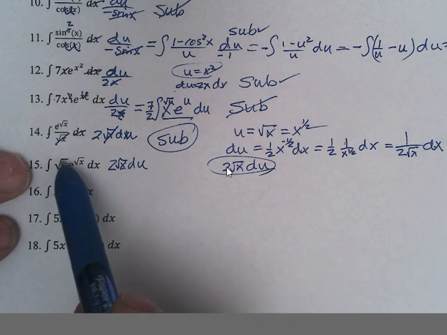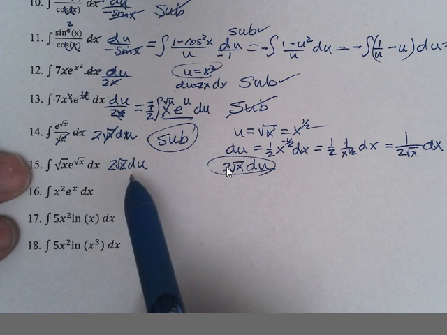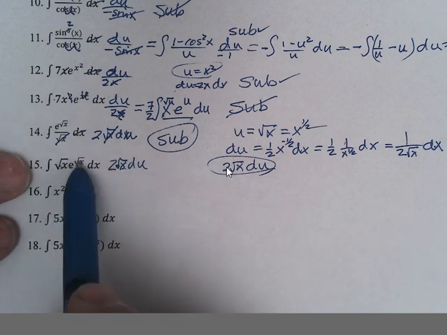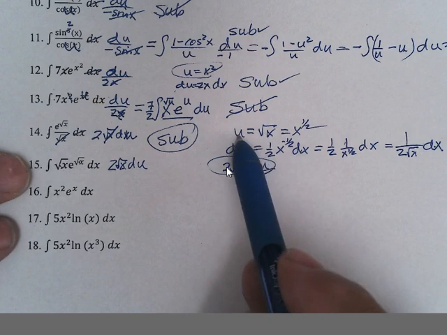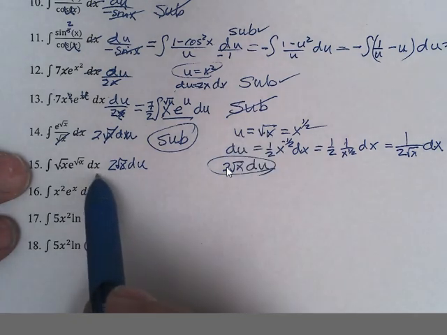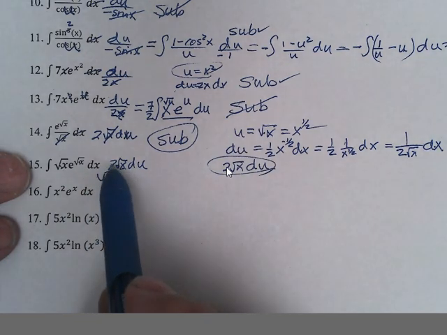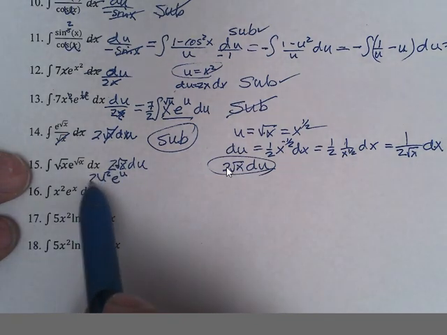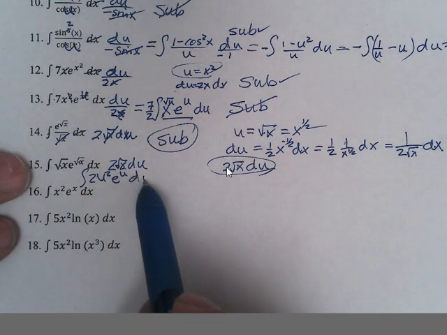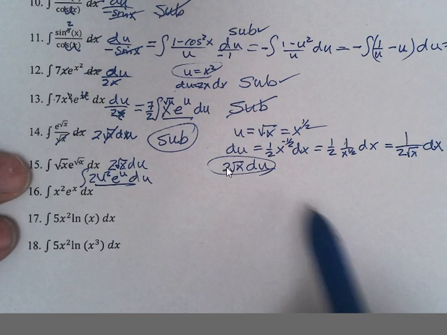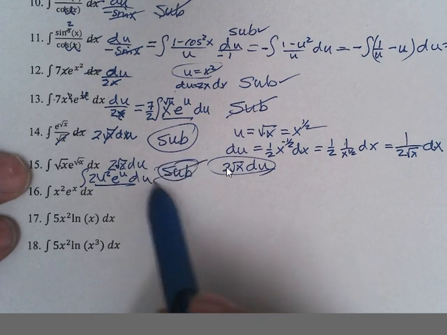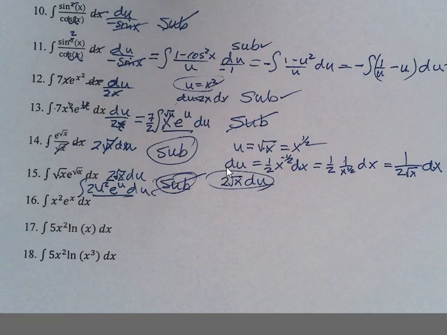We actually get that squared. And so we'd have the square root of x times the square root of x times u to the square root of x, but we let u be the square root of x, so we'd have u squared e to the u with a 2 integrated du, and that's messy. Substitution is causing us problems here, so not a good candidate. Might work eventually, you might have to use it somehow, but not working right away.